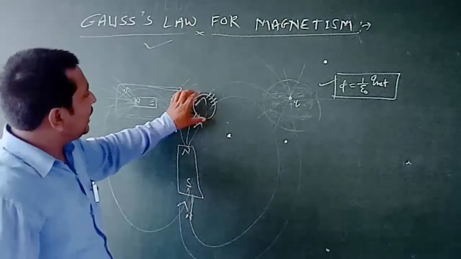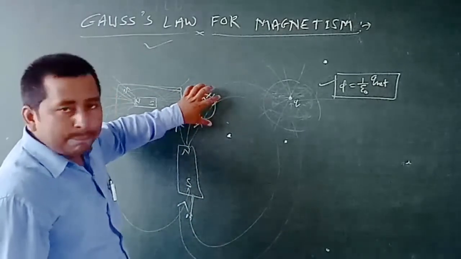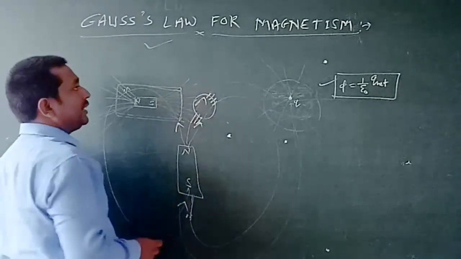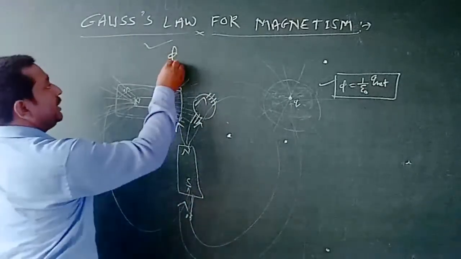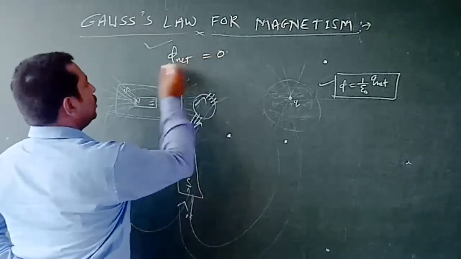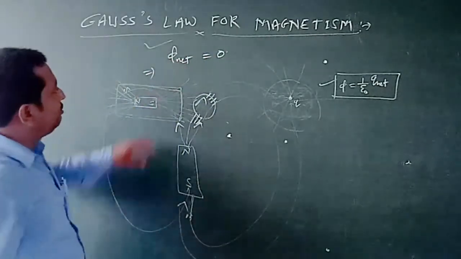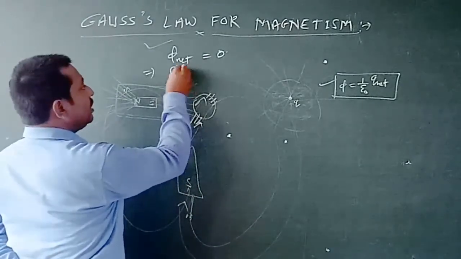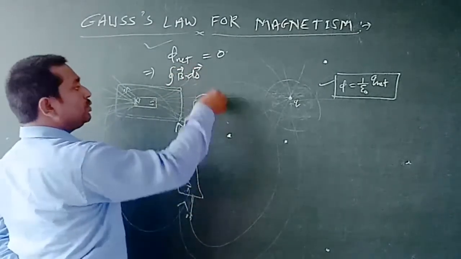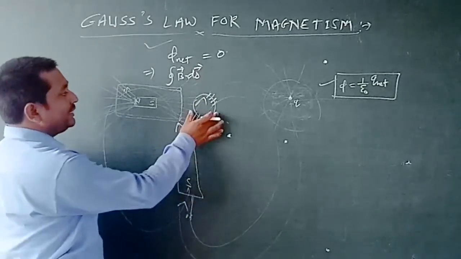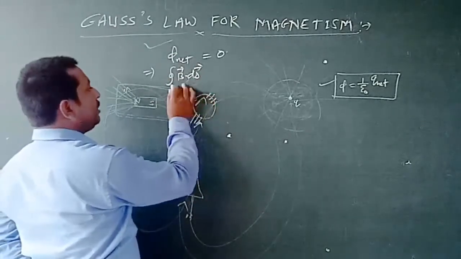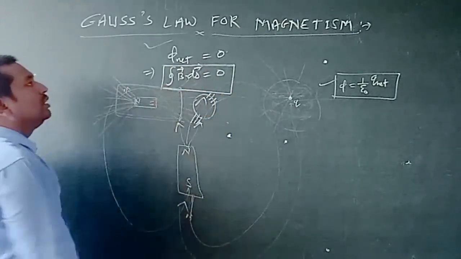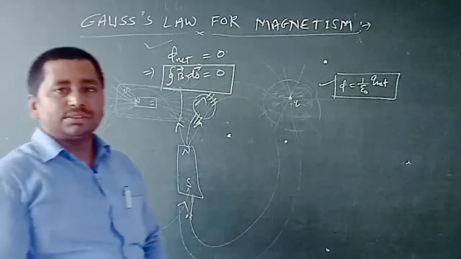So we can say that the net magnetic flux passing through this surface is always equal to 0. So phi net is always equal to 0. And as we know, the definition of this phi net can be written as the integration of B dot ds. Suppose that this small area element is ds, the integration of B dot ds is always equal to 0. This is the statement of the Gauss law for magnetism.